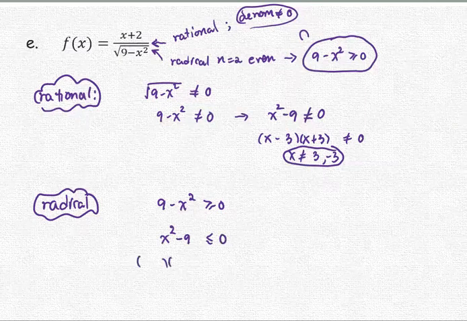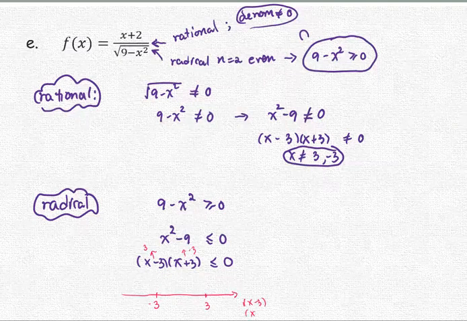Factor completely like what we did before to get x minus 3 times x plus 3, less than or equal to 0. And use the similar technique that what we did in the previous example. Look at the critical numbers, because this will be x equals 3, this will be x equals negative 3. Line them up in order. And I'm going to use the similar technique like before.